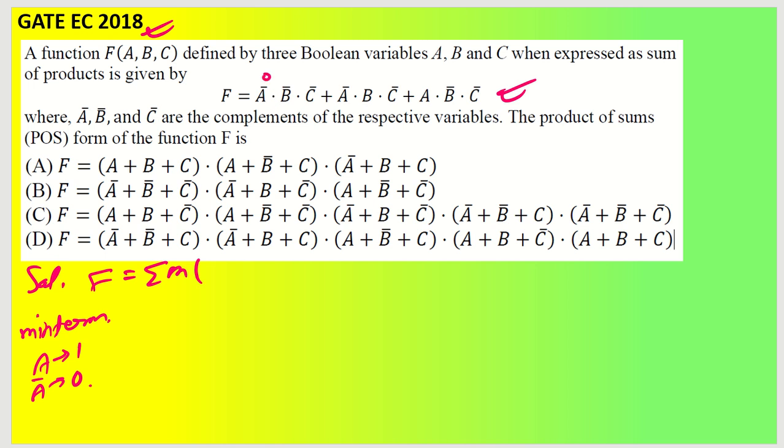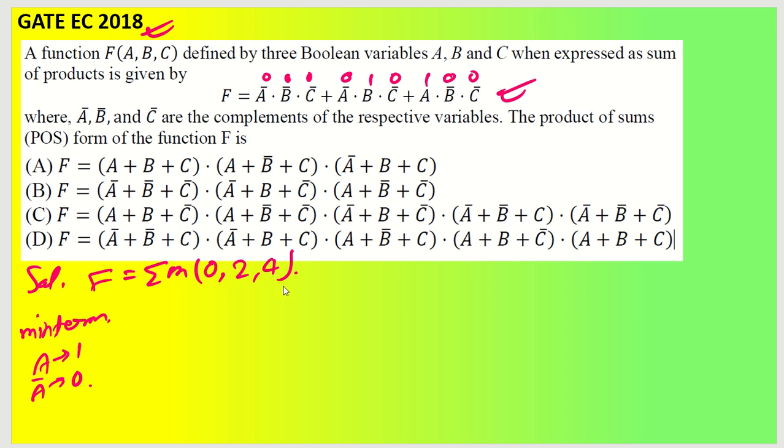So this is 0, 0, 0, this is 0, 1, 0, and this is 1, 0, 0. So it is a sum of min terms: the first one is 0, the next one is 2, and the next one is 4. So the function which is given is the summation of min terms 0, 2, and 4.